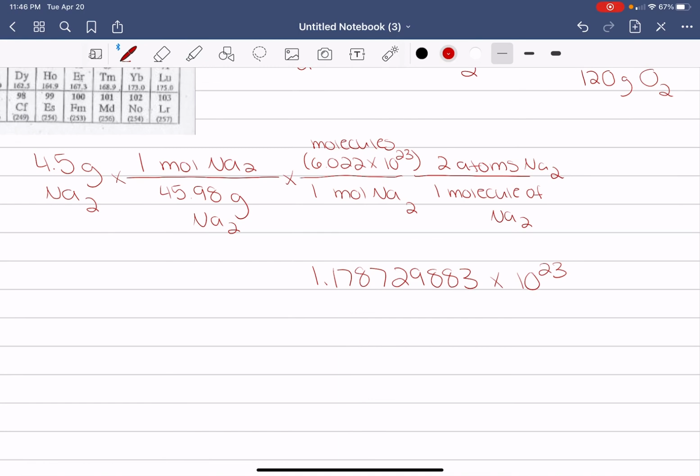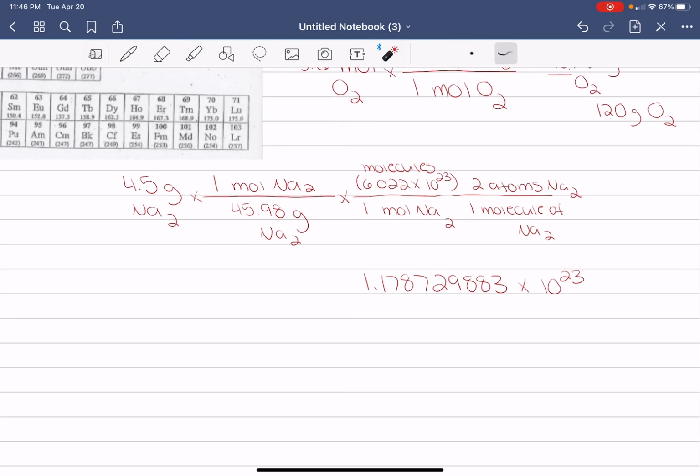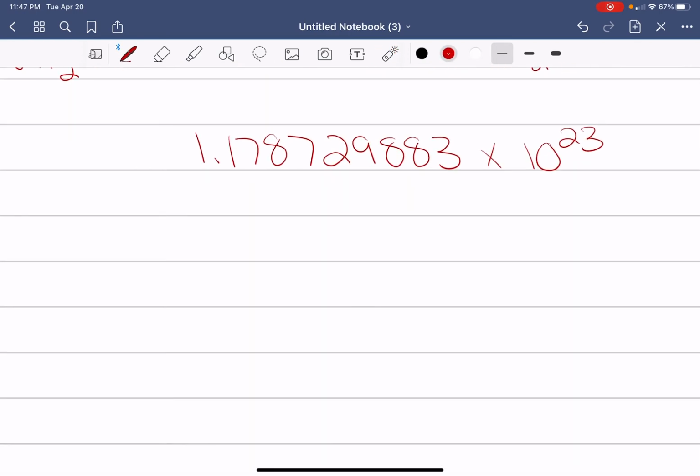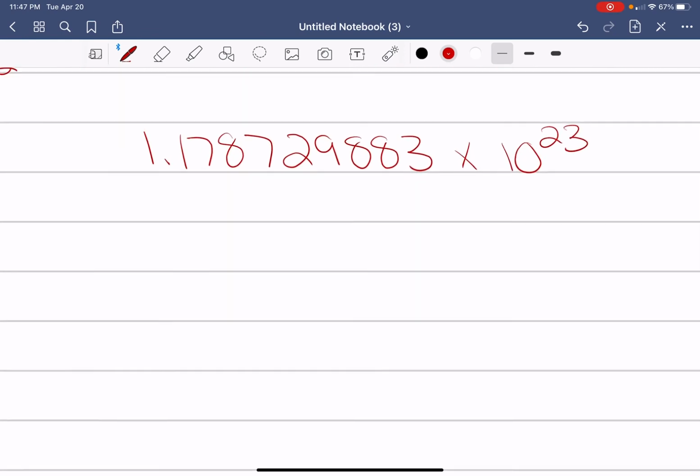When determining the sig figs, you want to go back to your original number because these parts that you just converted are exact. So you would need this to determine the number of sig figs. For this one, we would have to have 2 sig figs.